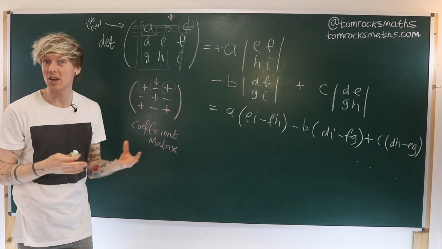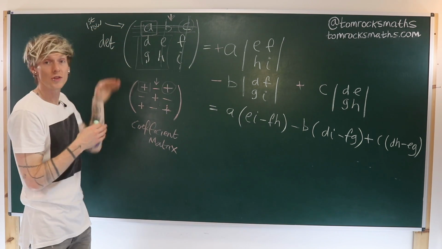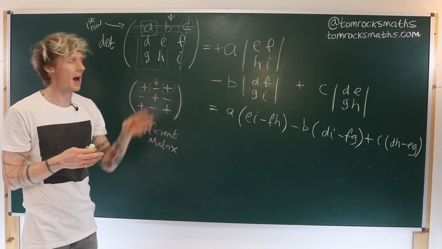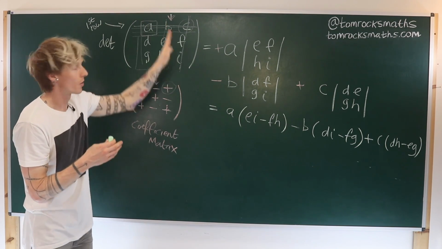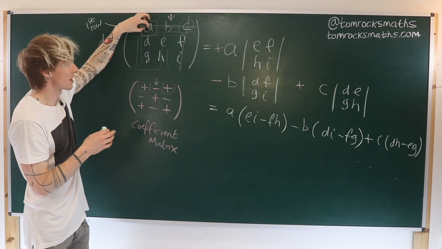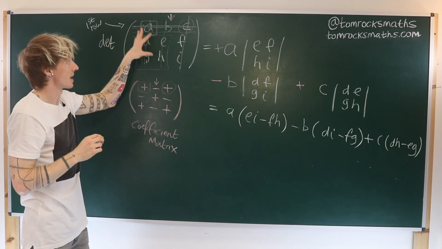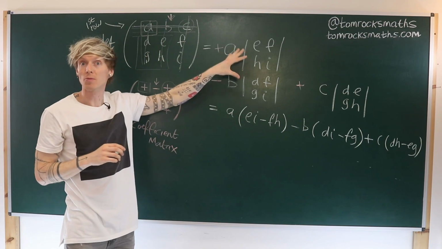You are in fact free to expand in the first row, the second row, or the third row. Remembering that as you expand, you move through the columns, and each time you pick an entry, just like we did here with A, you cross off that column and that row, and you calculate the remaining 2 by 2.